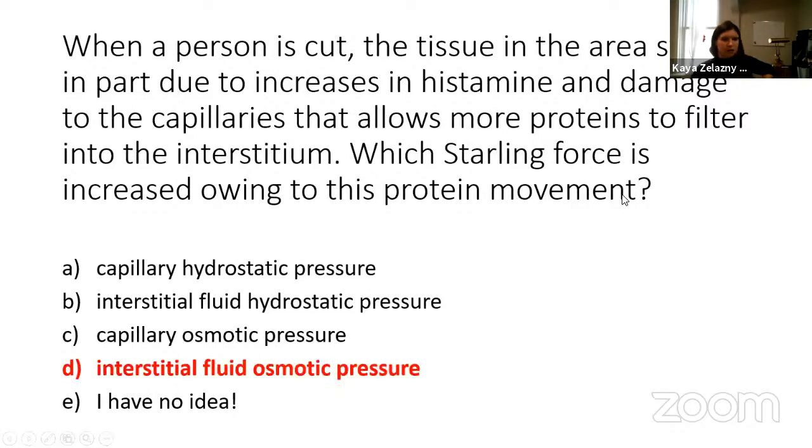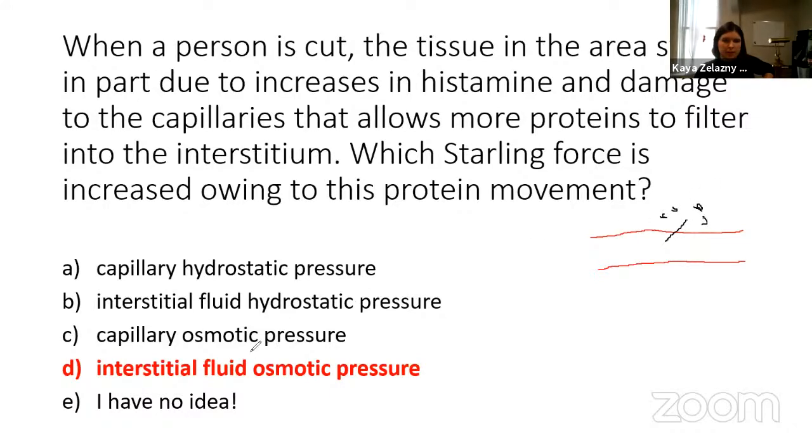Okay, so what you should have is the interstitial fluid osmotic pressure. What we're saying is we have our capillary, we have damage, we have a cut, so now we have a gap here and proteins leak into the interstitial fluid.